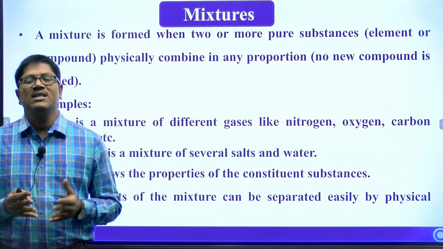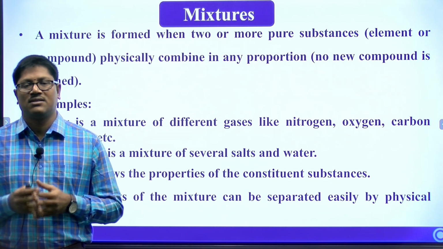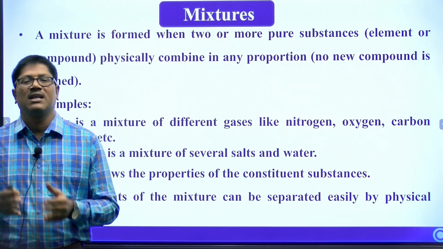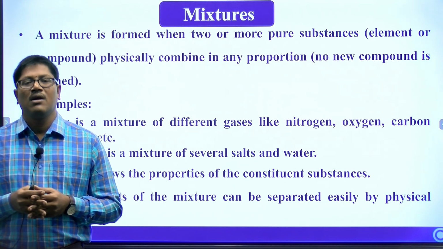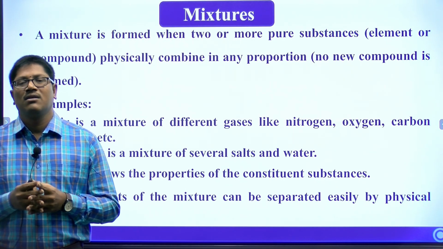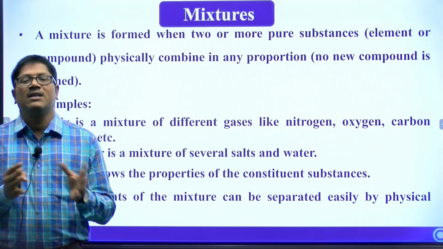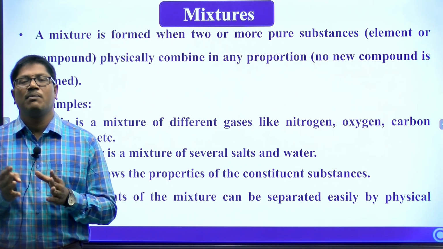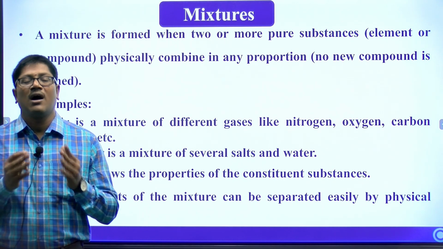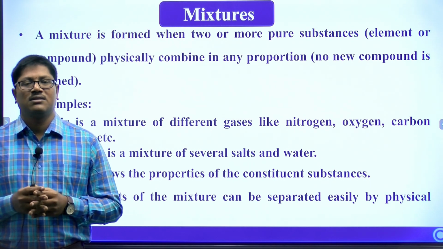Therefore, by using simple physical methods, we can separate the constituent particles present in a mixture. But in case of elements, it cannot be split into the simpler constituent particles, that is atoms, by using any physical methods or any chemical methods.